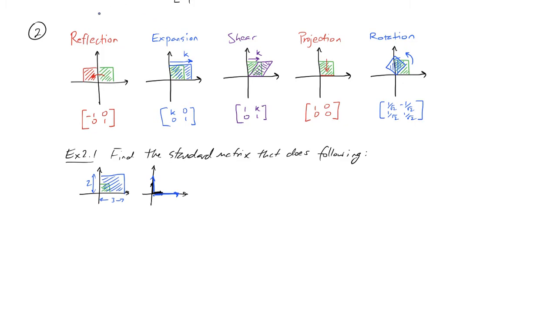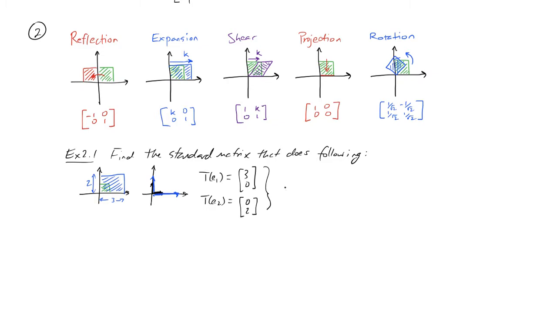So the transformation took e1 to the vector (3, 0), and it took the vector e2, that's this y vector, (1, 0), or (0, 1), excuse me, to (0, 2). That's what the transformation did.